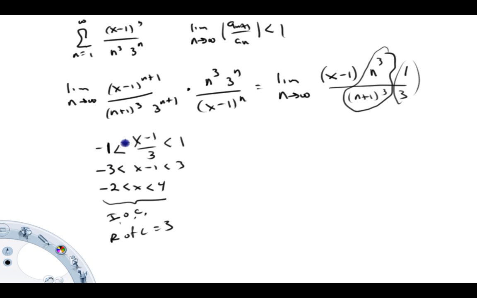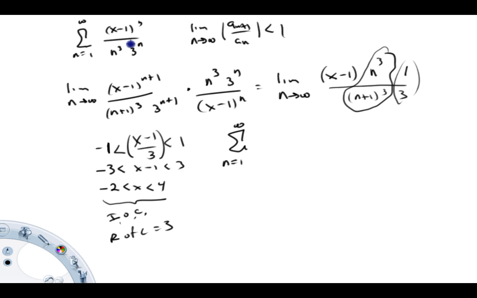So I'm going to look at the left-hand side first, and we're taking a look at when (x minus 1) over 3 is equal to negative 1. And I'm going to rewrite our series here. Sum n equals 1 to infinity of, now this is (x minus 1) to the n, this is 3 to the n. So this is (x minus 1) over 3 to the n.